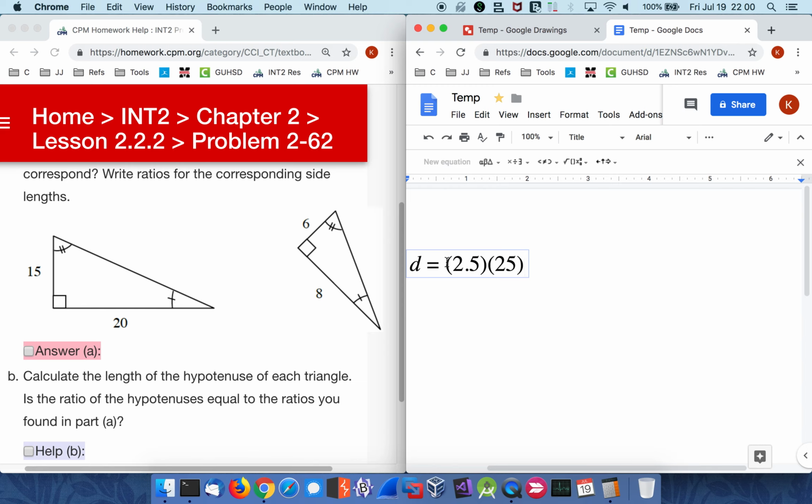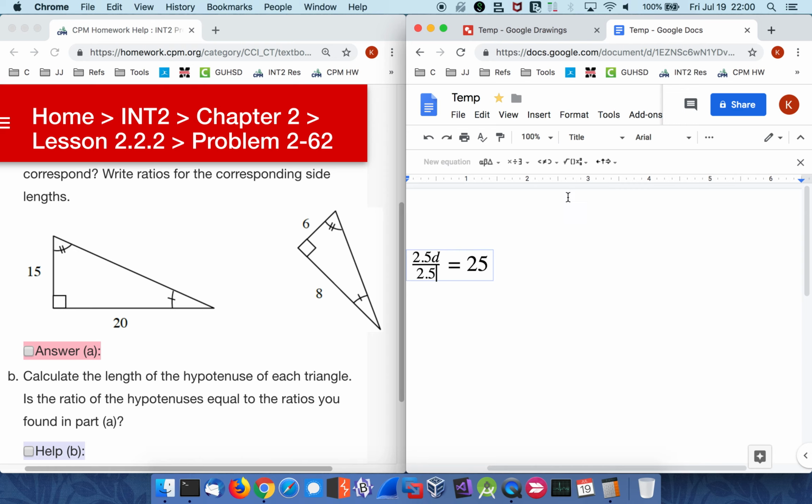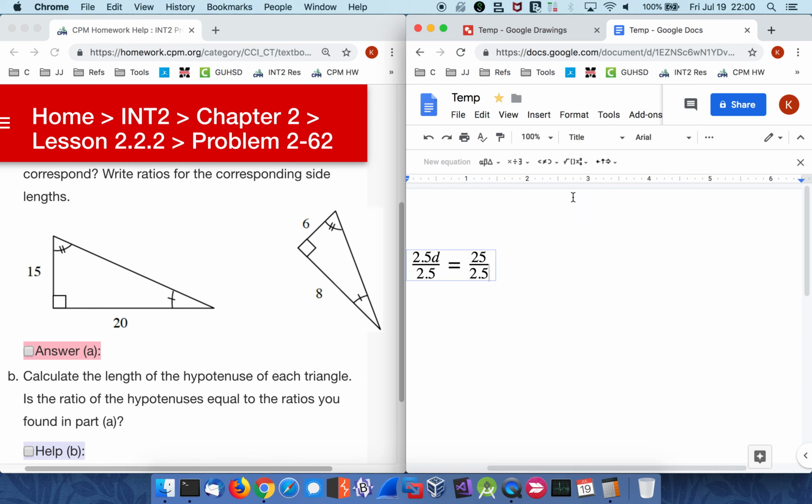Is that right? No, we would say 2.5d equals 25. There we go. Right, because this thing multiplied by 2.5 equals this one. Okay, so 2.5 times this one equals this one. That's right. So now we have 2.5d equals 25, so we would just divide this side by 2.5, which means we would divide this side by 2.5.